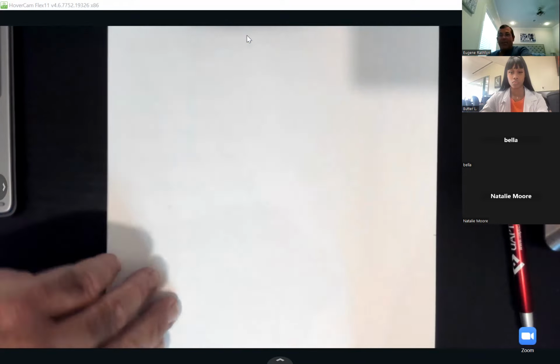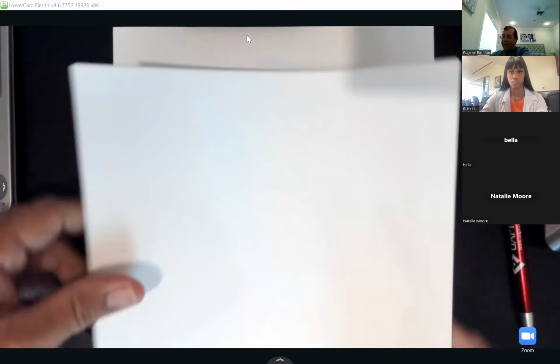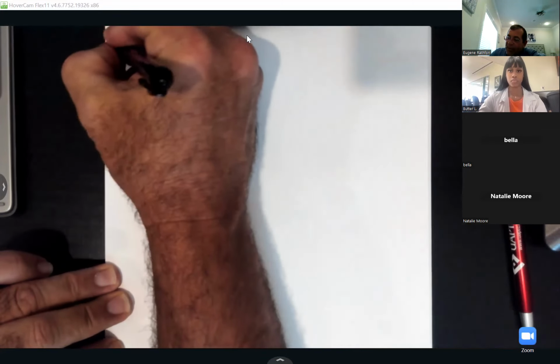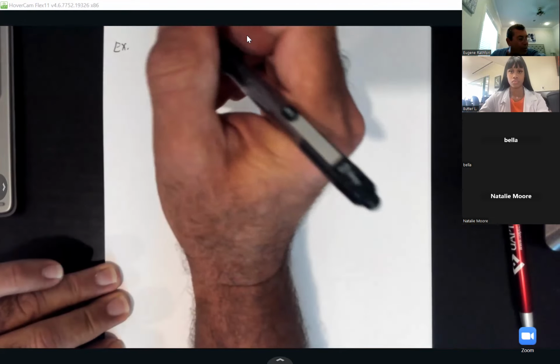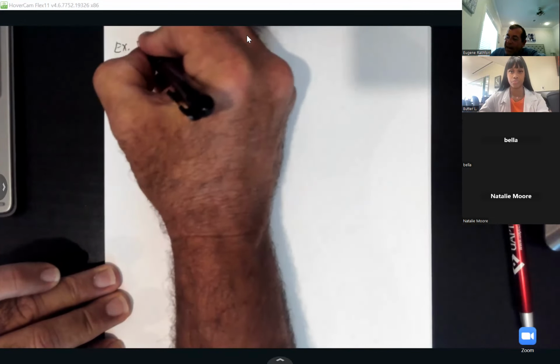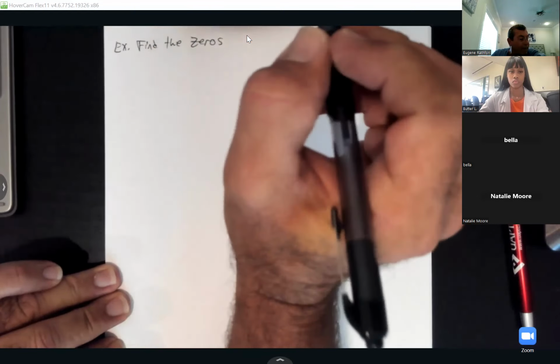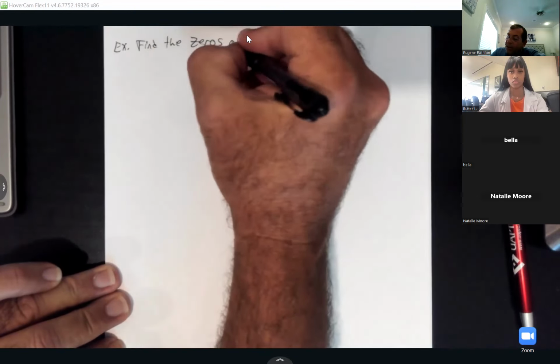All righty, y'all, so here we go. Let me turn my paper over, it's getting a little curvy. This example is like number 2 on your problems. It says find the zeros of the following function.